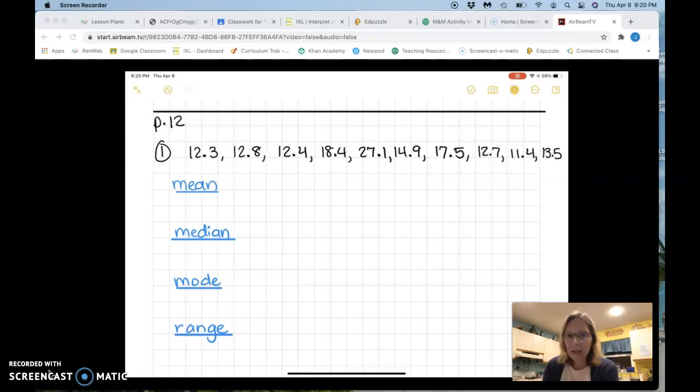So for mean, remember mean is the average. So I'm going to add up all the numbers and divide by how many numbers there are. So let's do that.